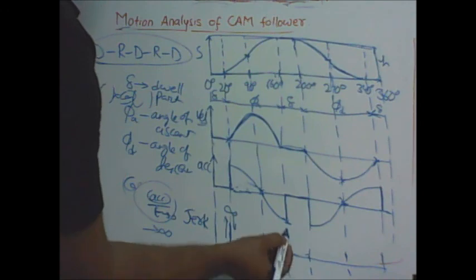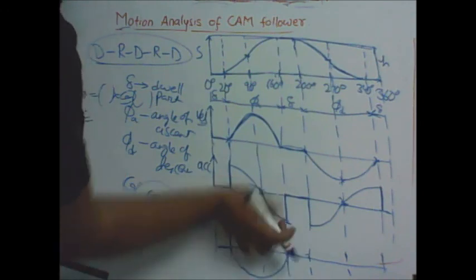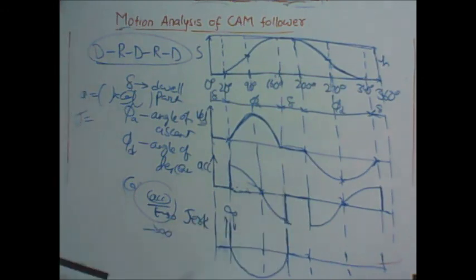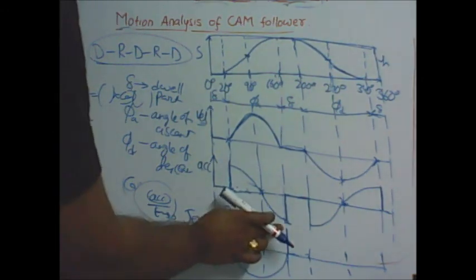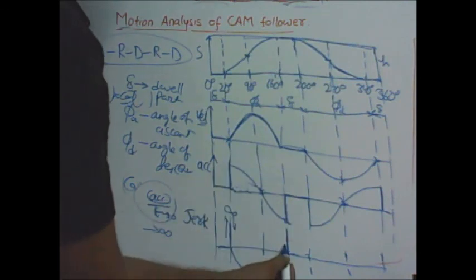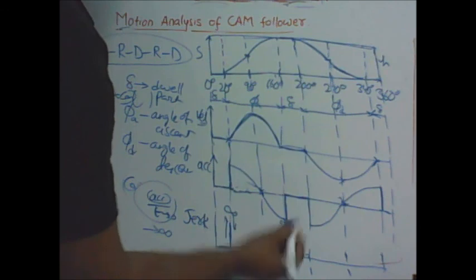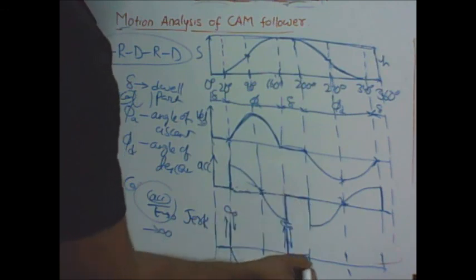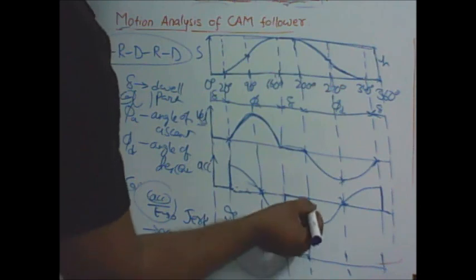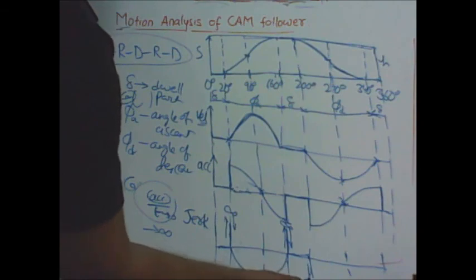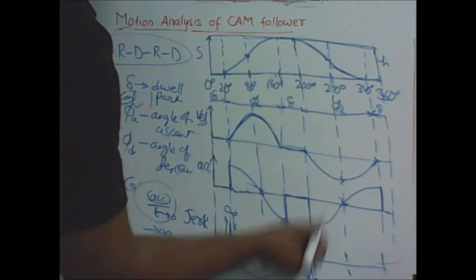And at this point again there is an abrupt change in acceleration. The acceleration is actually increasing in value from negative to 0, so it goes towards infinity and comes back from infinity to 0 at this point. Again here acceleration has a negative change, so it goes towards negative infinity, and again comes back from infinity to this value.